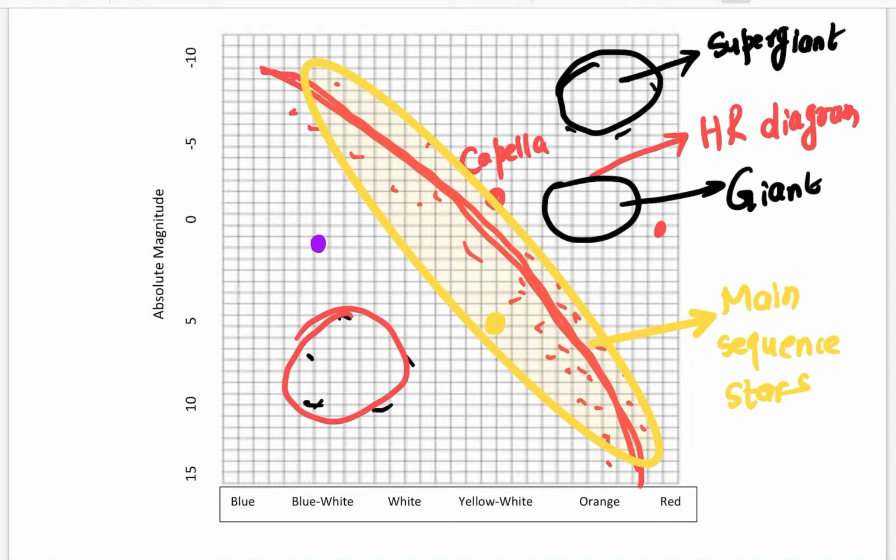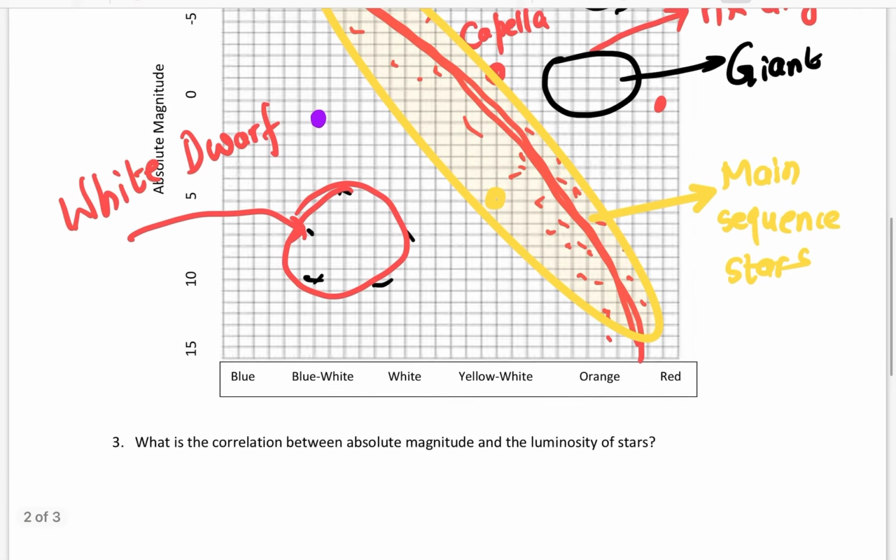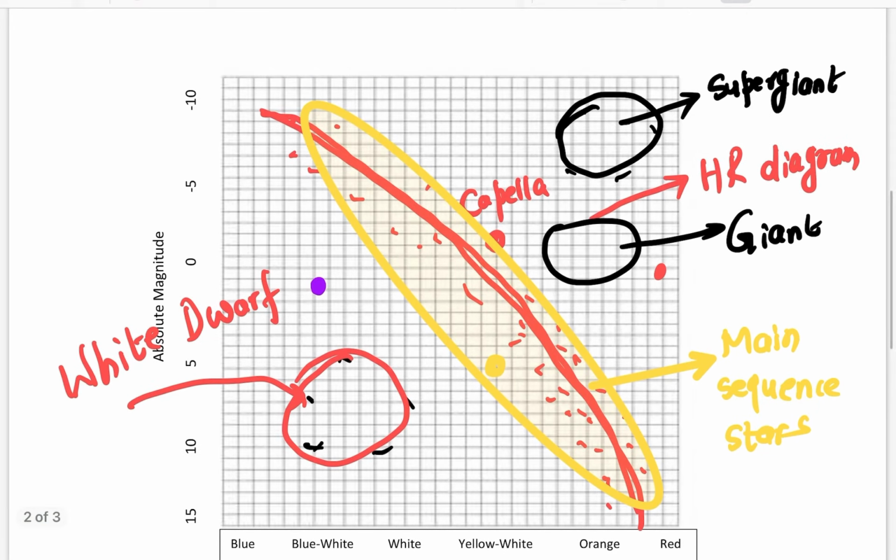The stars which lie in this region of the HR diagram are called white dwarfs.